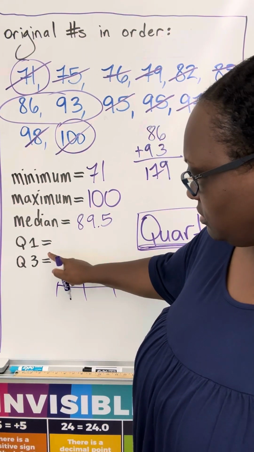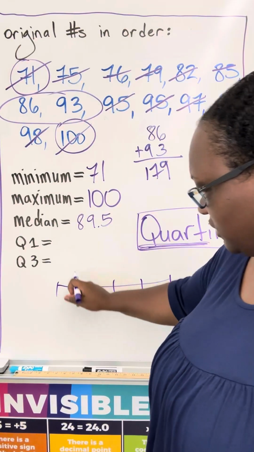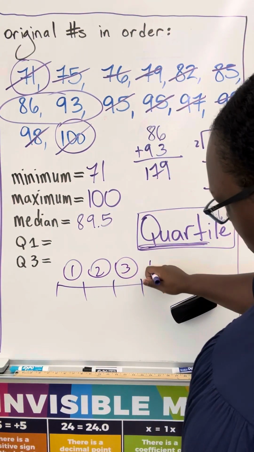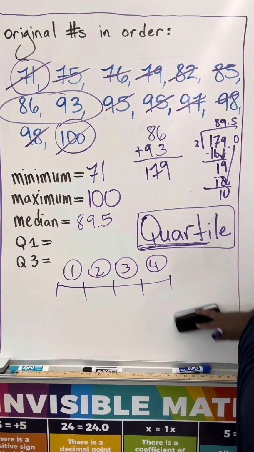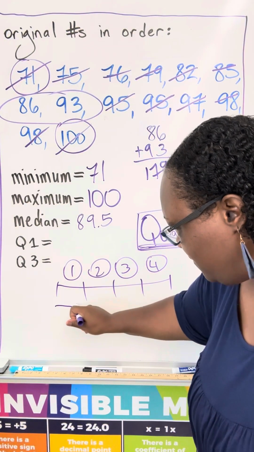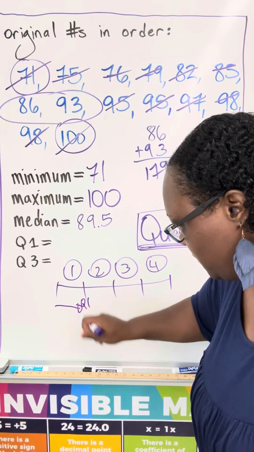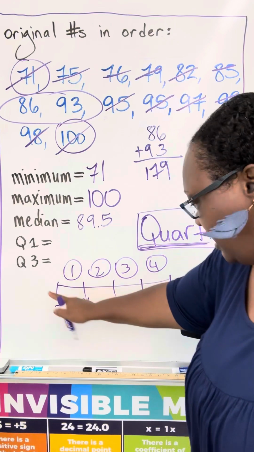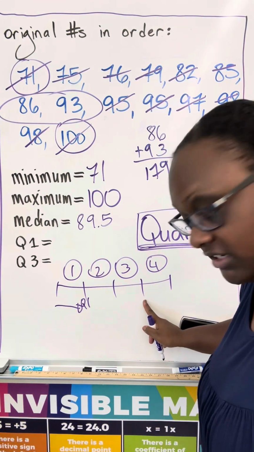So Q1, so if there's 4 sections, 1, 2, 3, 4. Q1 is the number that's going to be at the end of this first section. And Q3 is the number that's going to be at the end of this third section.